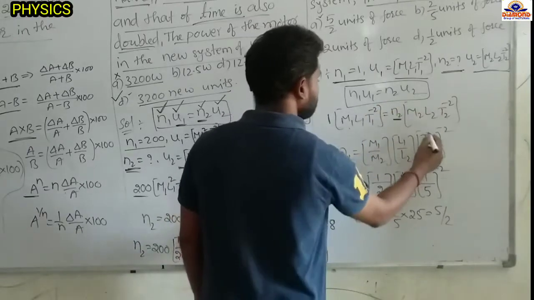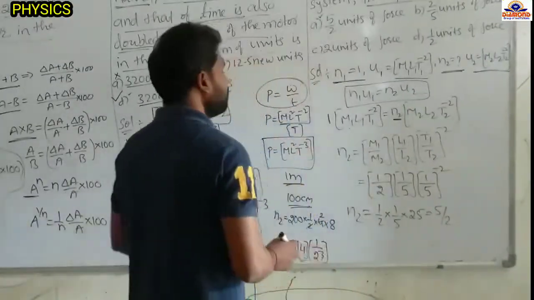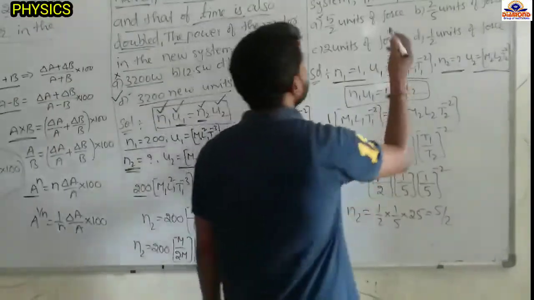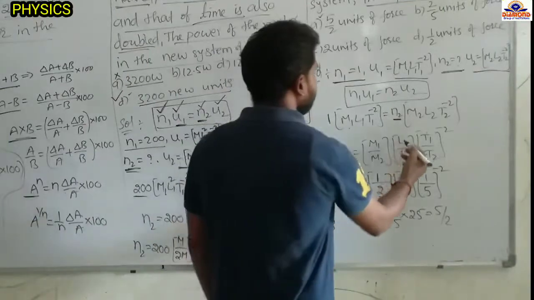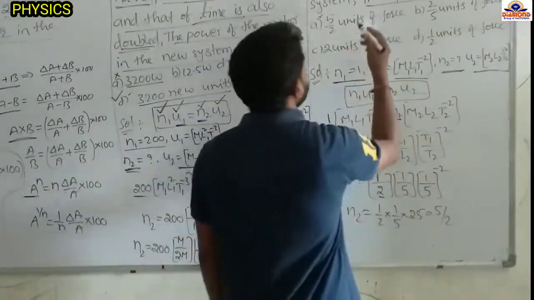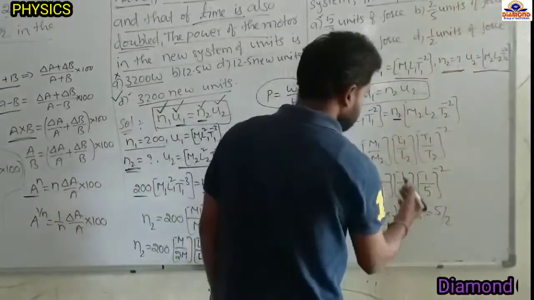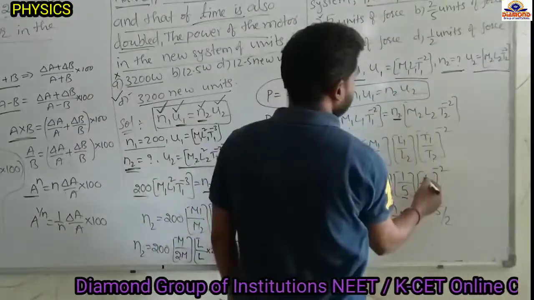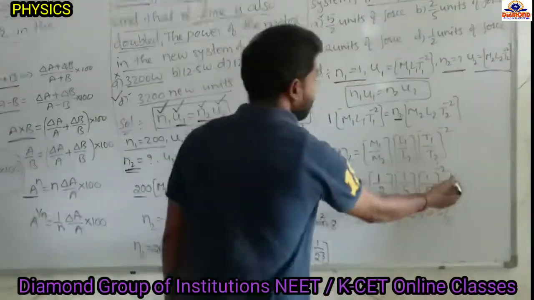Now in the given system m1 equals 1 unit of mass, which in the new system equals 2 kg, so I write 2. For l1 by l2, 1 unit of length in the given system equals 5 meters in the new system, so l2 equals 5. And in the given system 1 unit of time equals 5 seconds in the new system, so I write 5 here, whole to the power minus 2 is there.